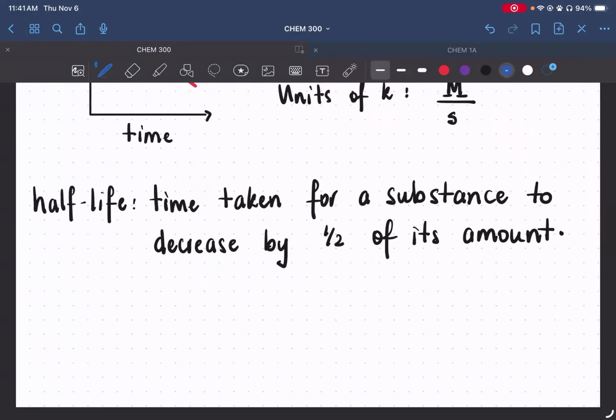So for example, if we had, let's say, a sample that weighed 120 grams, if its half-life is, for example, 6 hours, then every 6 hours, it goes down by half.